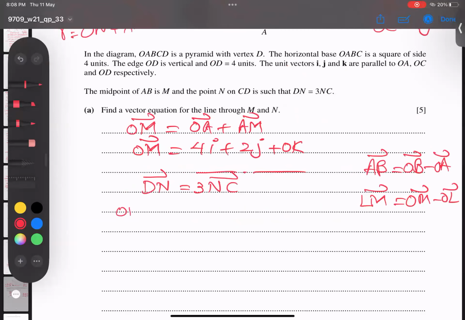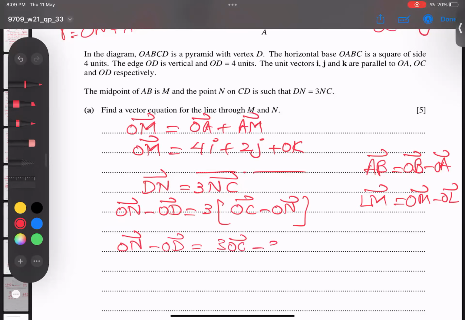So I can easily write ON minus OD equals 3 times (OC minus ON). Expanding the brackets: ON minus OD equals 3OC minus 3ON. The ON comes to this side and I get 4ON, and OD goes over, so 4ON equals 3OC plus OD.